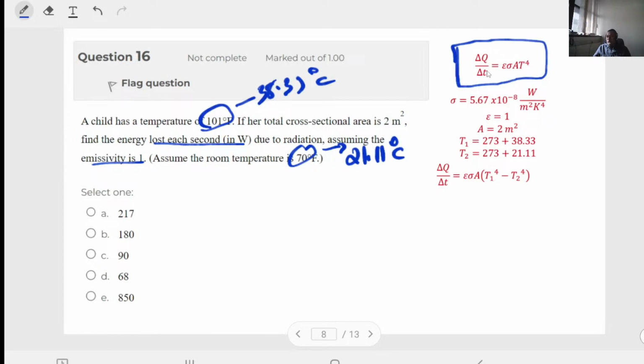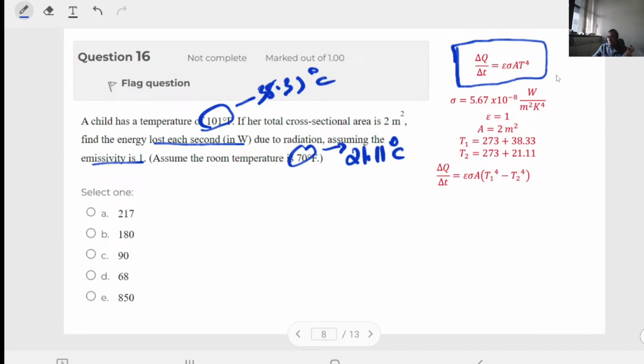Heat per unit time, delta Q by delta T, is given by emissivity times sigma times the area times T raised to 4. Sigma is in watt per meter square per Kelvin raised to 4.